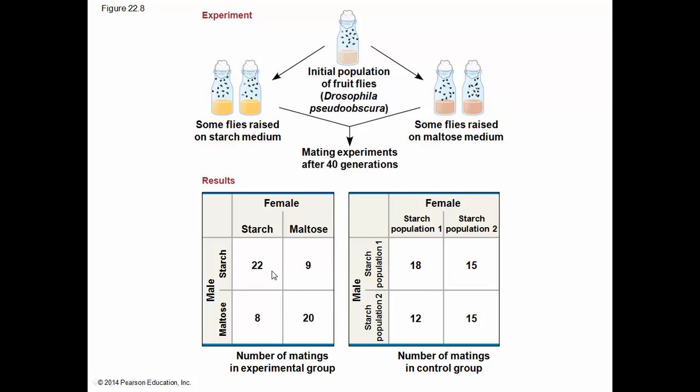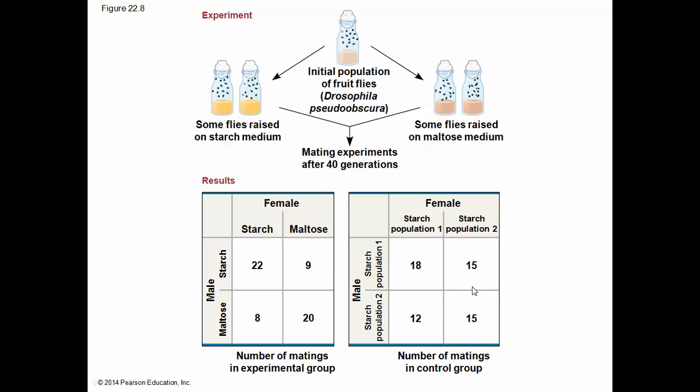So this indicates a potential for speciation here through allopatric speciation based on the different mediums that the fruit flies are raised in. Now here we see different populations, males and females, from the starch population, and there's basically very little difference here. The matings in the control group are pretty much similar.